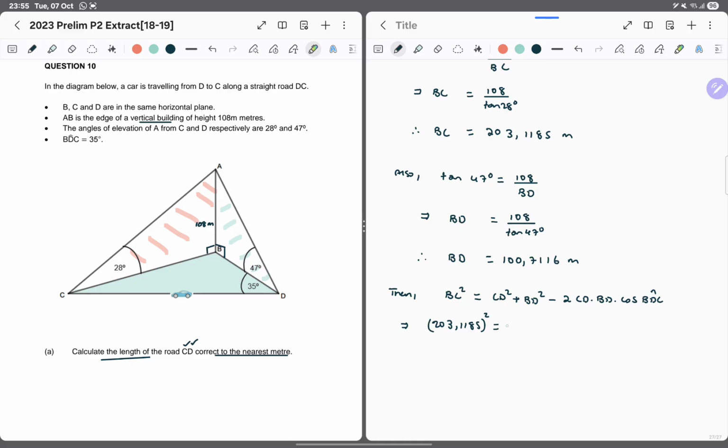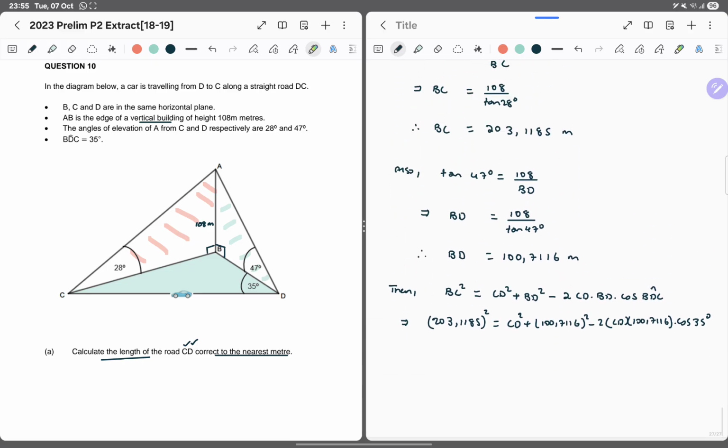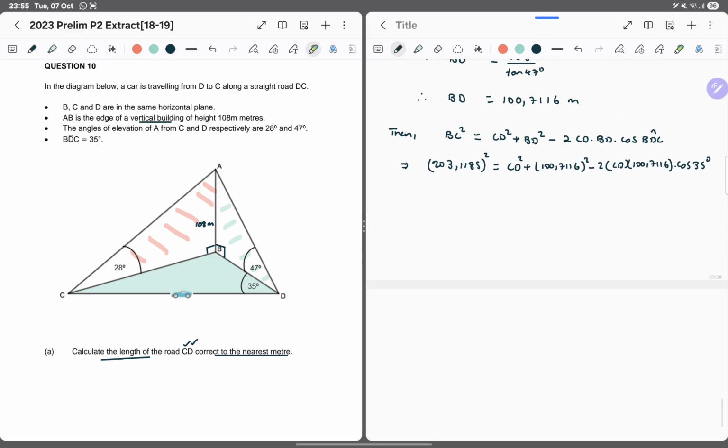We square that, which equals CD, that's what we are looking for, squared, plus BD, we found out it's 100,7116, all squared, minus 2 into CD times this 100,7116 times the cosine of that angle 35 degrees. All right, so moving on nicely guys, let's just keep it moving.